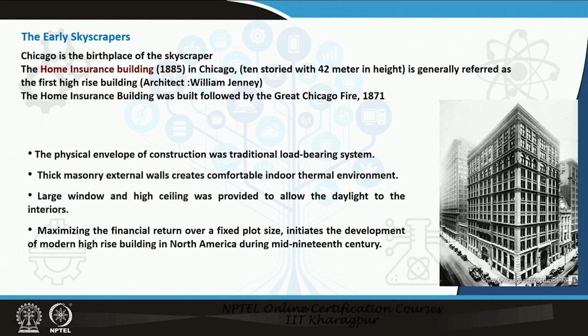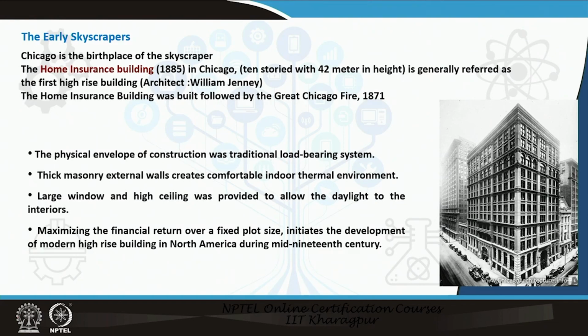Its walls were thick, with large windows and high ceilings, which we don't provide now in high-rise buildings, where we go for thin walls and low room heights. The large windows and high ceilings allowed a good amount of daylight penetration. This Home Insurance Building was a very energy-efficient building for those days.